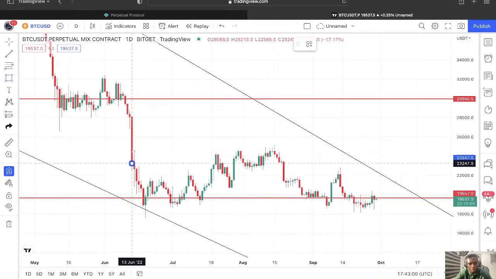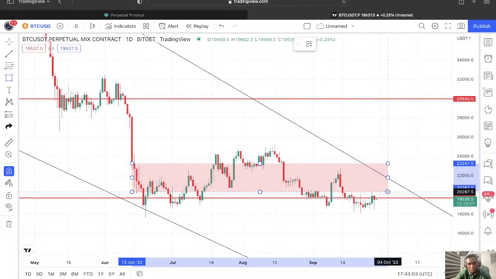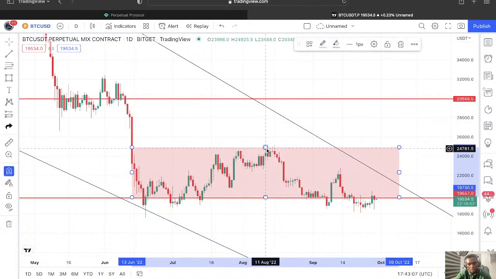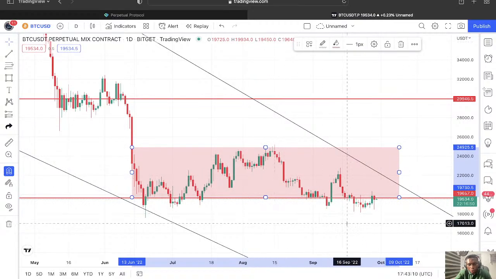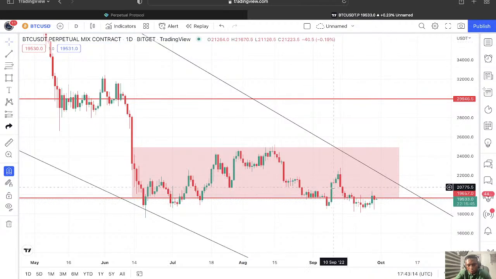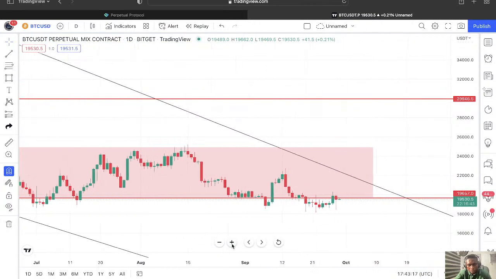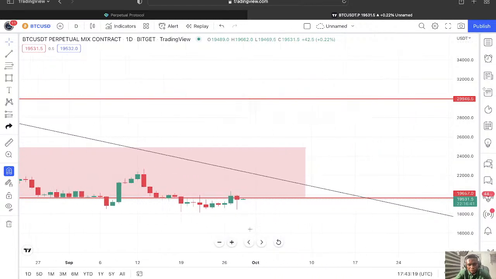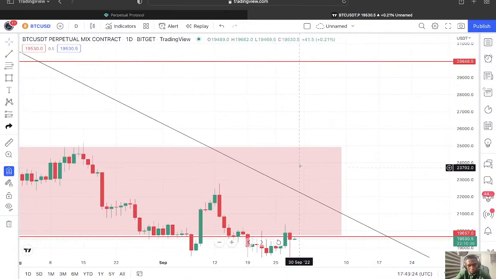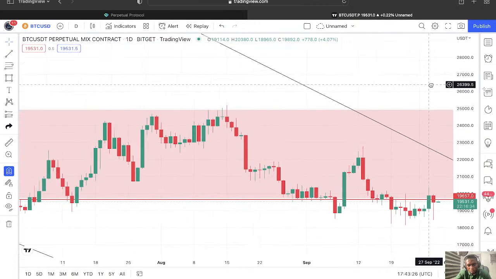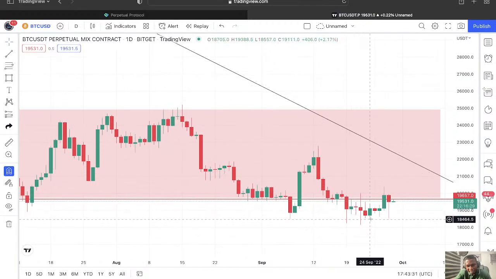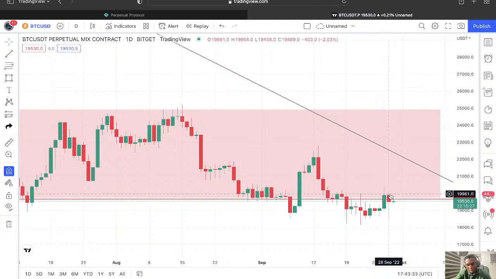Price is ranging. Price ranged at this region. And when you look closely, you will see BTC had previously broke out from that support level and then retraced back.